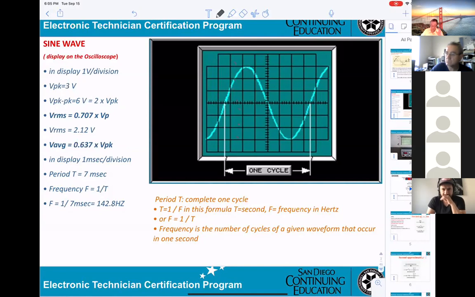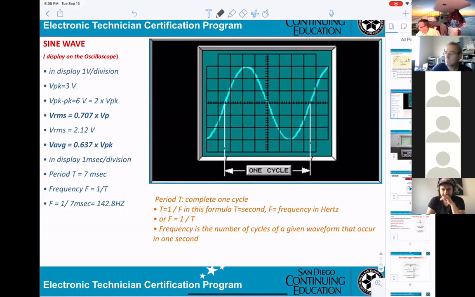That's what they use for the voltage or the current. And from left to right, 1, 2, 3, 4, 5, 6, 7, 8, 9, 10. 10 divisions for the time.